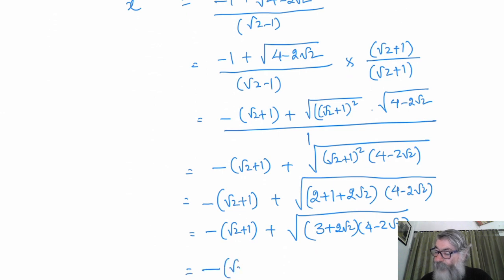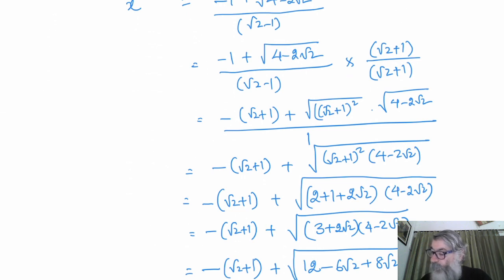Minus root 2 plus 1 plus, multiply it. 3 4s are 12, 3 2s are 6 root 2, 2 4s are 8 root 2, and then 2 root 2 times minus 2 root 2 will be minus 4 into 2, which is 8. So it will become minus root 2 plus 1 plus 12 minus 8, 4, and plus 2 root 2.